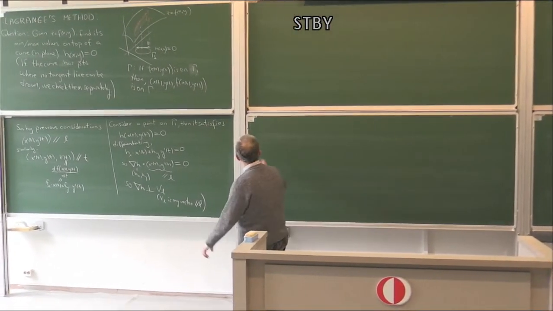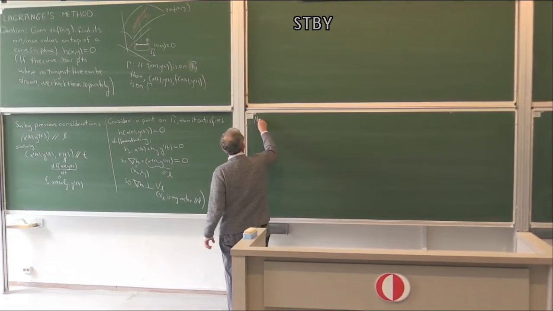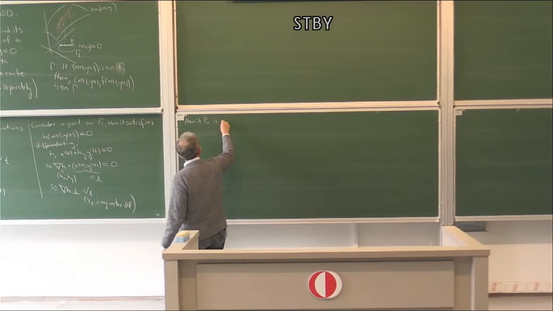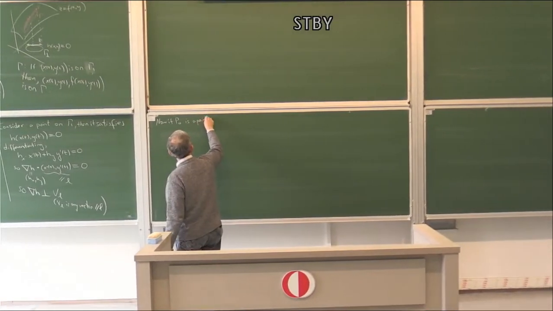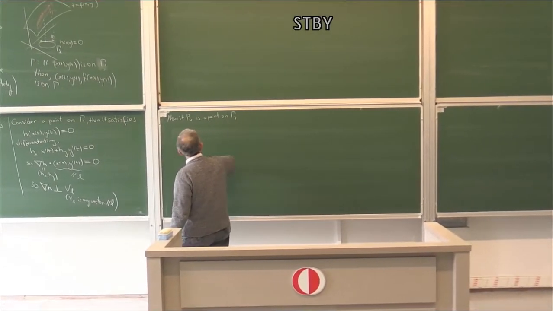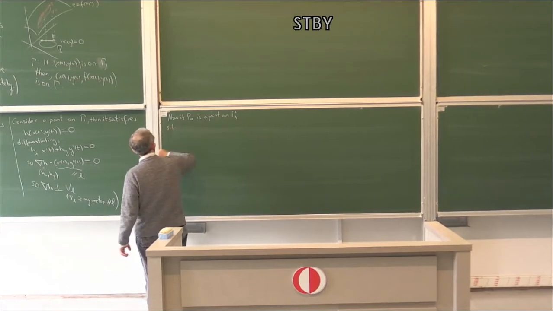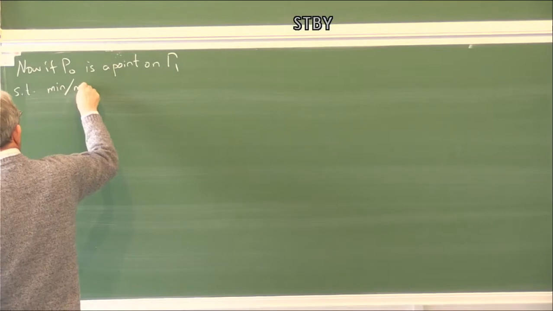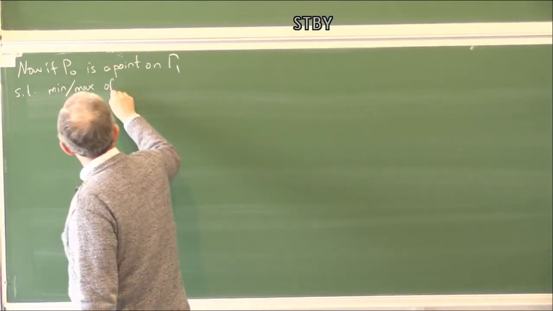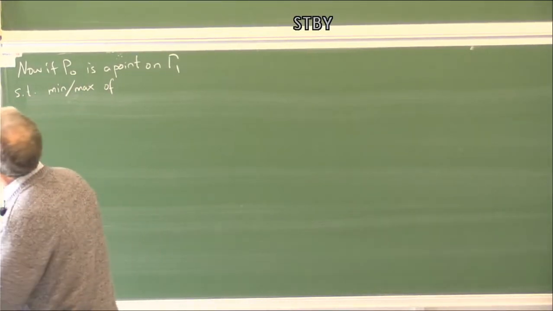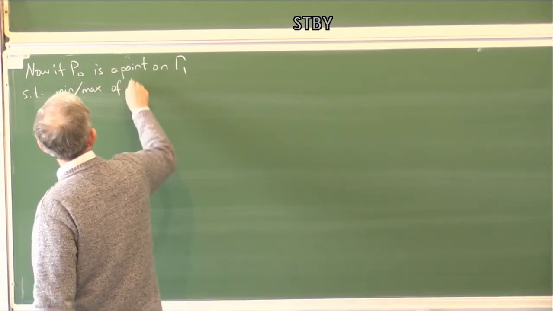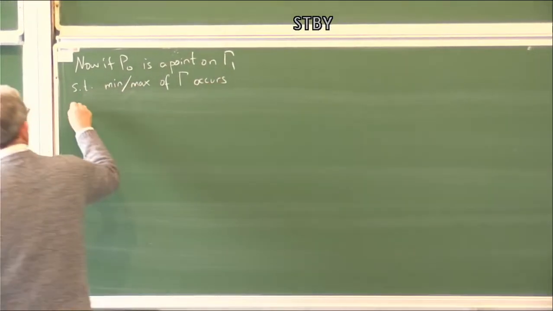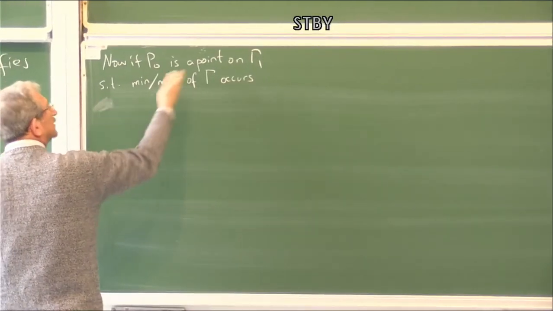So, if P0 is a point on gamma 1 such that the minimum, respectively maximum, of gamma occurs, of course, that means on top of gamma 1.